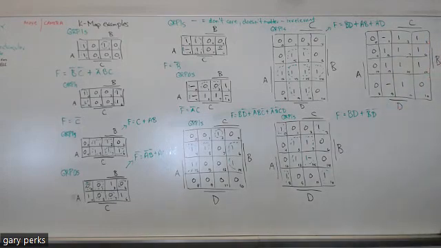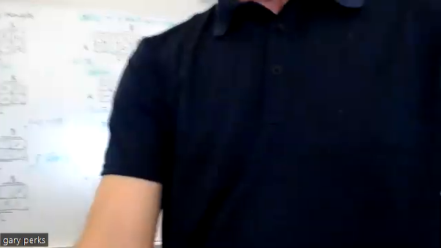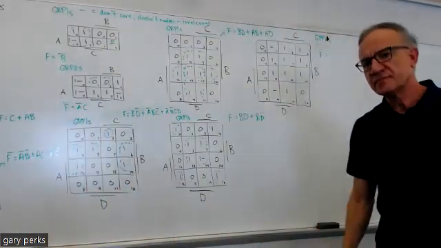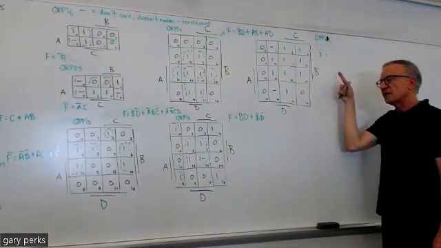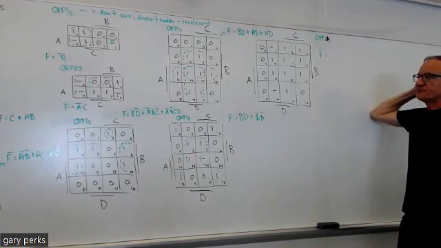Okay. And then lastly, we can group zeros. Let's group zeros for this one. We got some don't cares. So starting with, this is going to be not F, since we're grouping zeros.